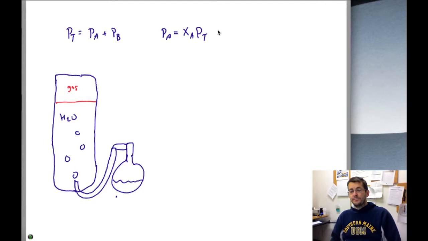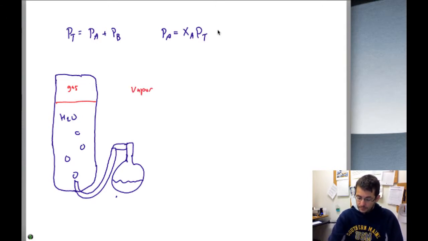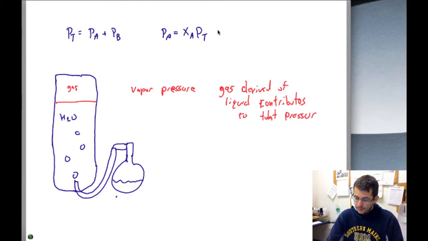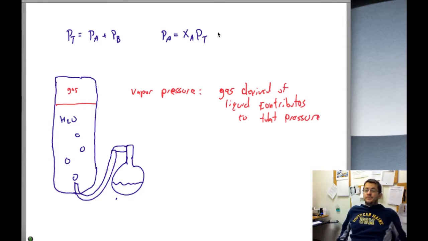Unfortunately, above water, above any liquid, there is a small but non-negligible vapor pressure, which is basically the gas derived of the liquid that contributes to the total pressure. If you've ever boiled water, you know what happens.